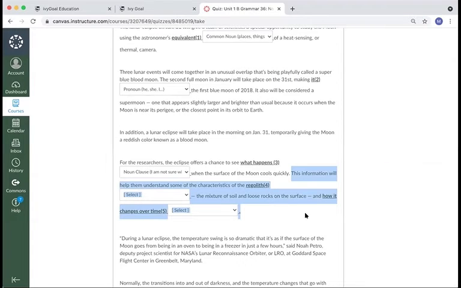This information will help them understand some of the characteristics of the regolith, the mixture of soil and loose rocks on the surface, and how it changes over time. So regolith is a thing, right? So that's a noun. Good. And then the last one is a noun clause. Very good. Good job.